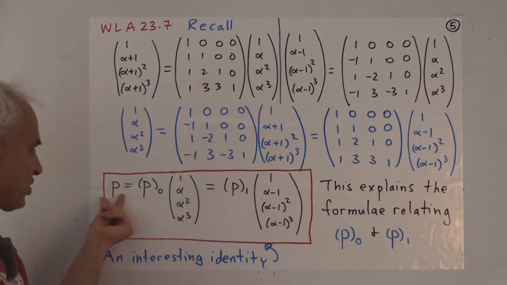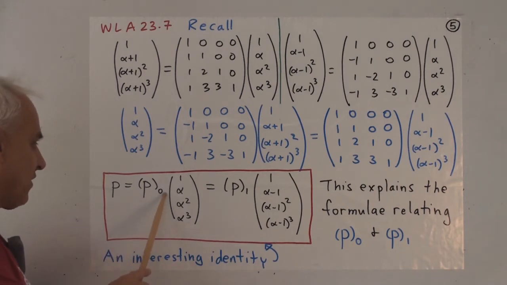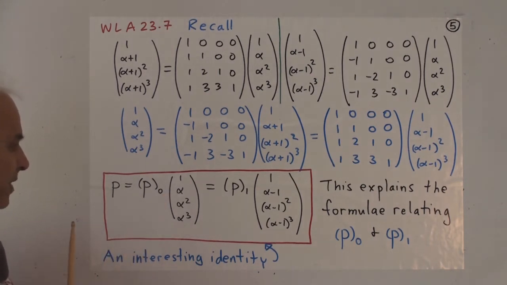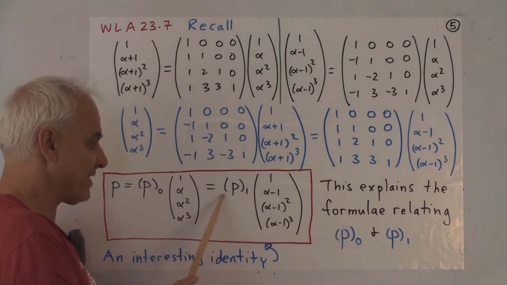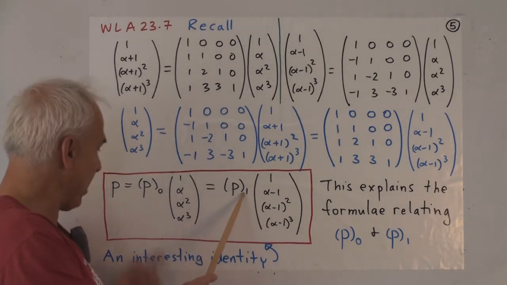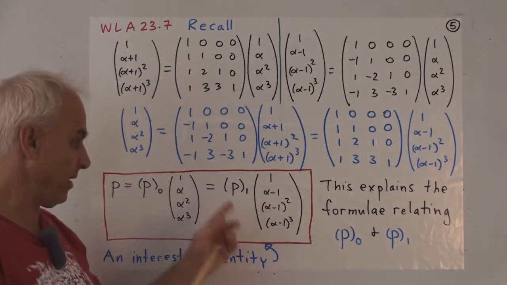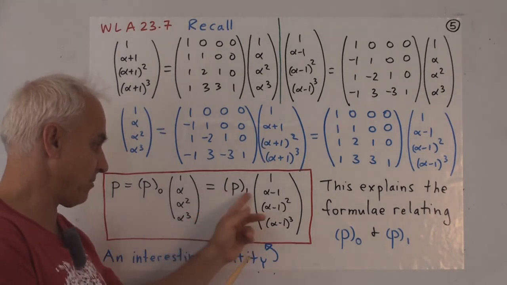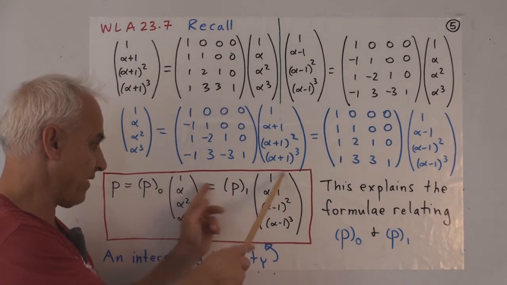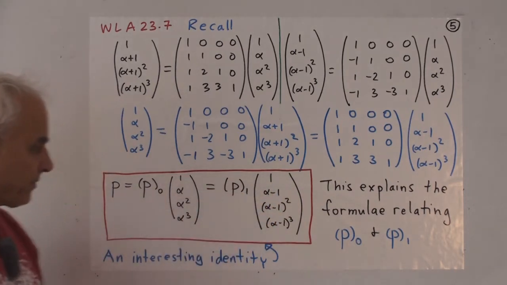So this is just an expression for how to write p in terms of the coefficient vector at 0. In terms of the coefficient vector at 1, it's the same story. We want to express p in terms of powers of alpha minus 1, and the coefficients there are forming that coefficient vector. It's just the product of that vector times this vector here.